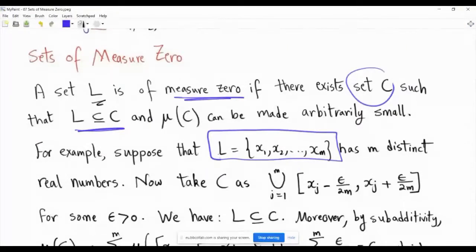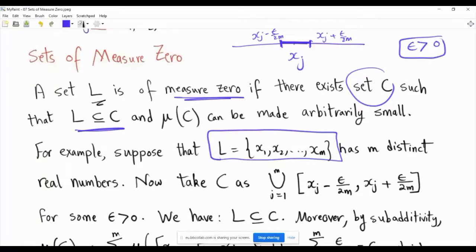Here is xj, for example. This is one element in this set. I can cover xj by defining an interval around xj that goes from xj minus epsilon over 2m to xj plus epsilon over 2m, where epsilon is some positive number.